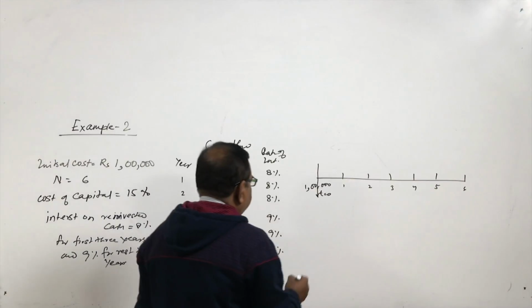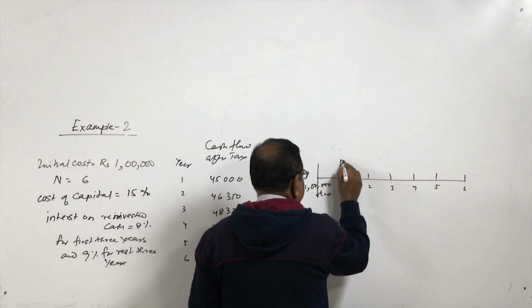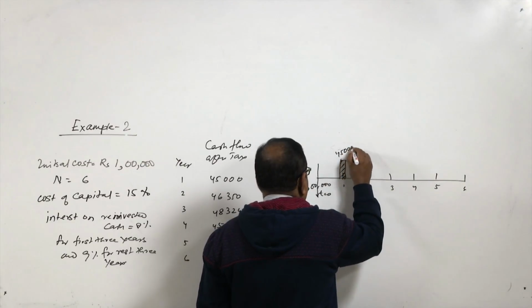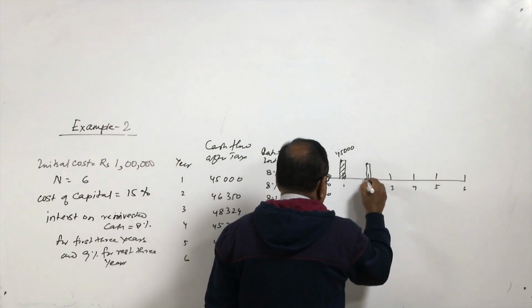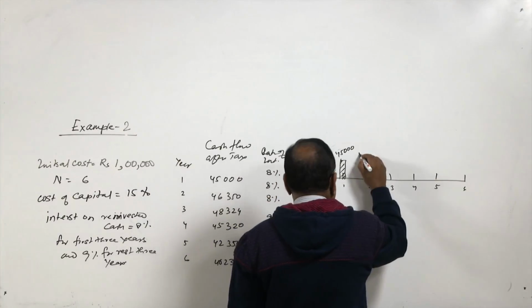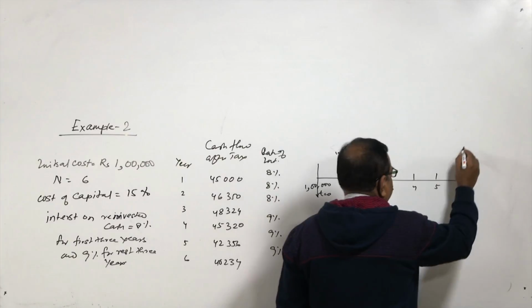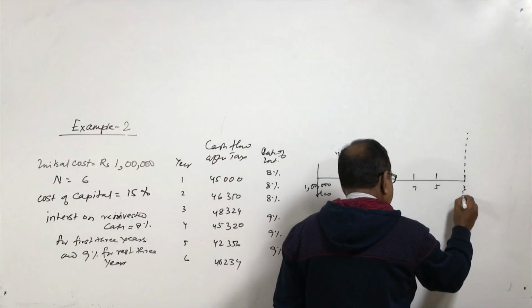So, this value is 45,000, this value is 46,350, and this is the end of my period.